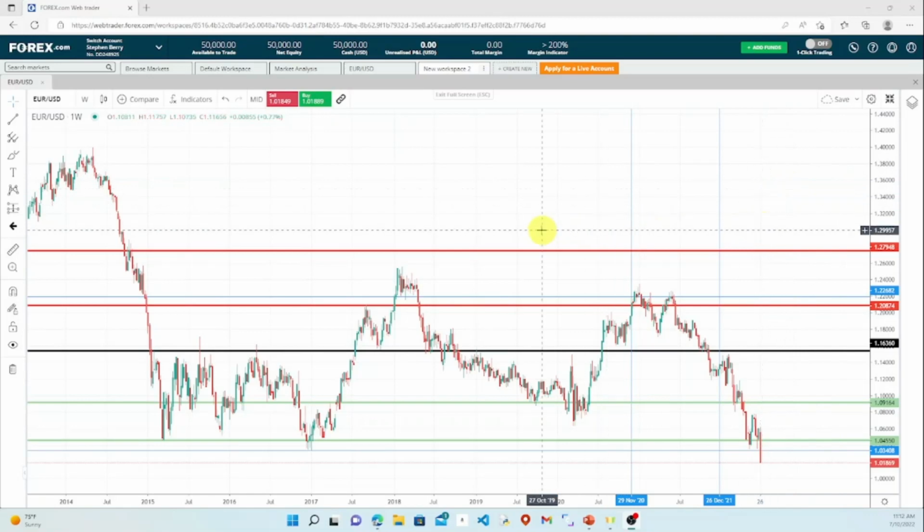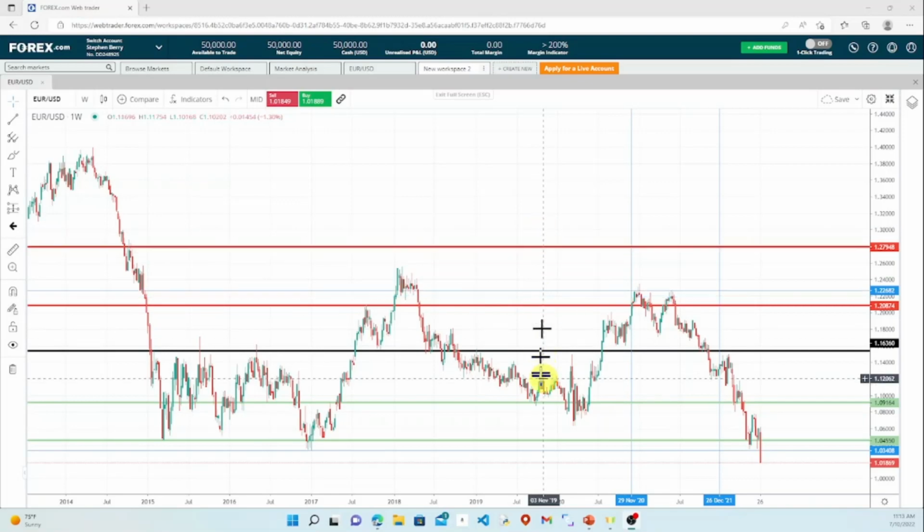Now this is really interesting because we talked a lot about the trap of trying to identify tops and bottoms. And we talked about this bottom on the Euro USD, which I'm sure a lot of people are thinking about buying with the changes in central bank policy and so forth.